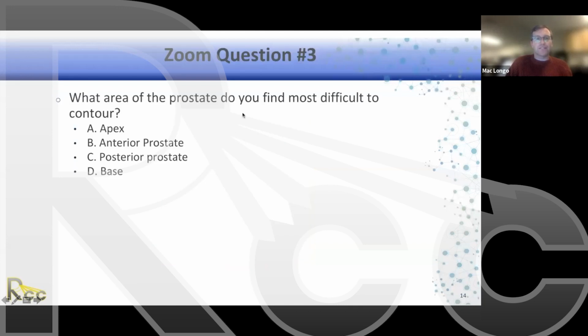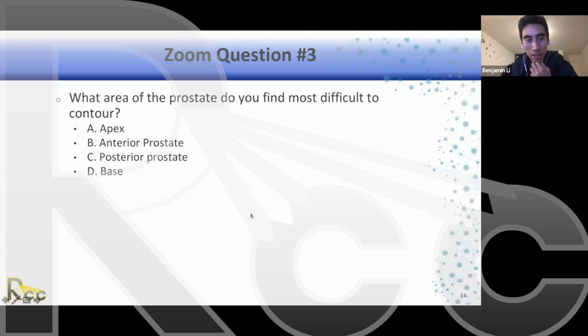So this leads me to the next Zoom question. And Ben, if you can facilitate that. What area of the prostate do you find most difficult to contour? Good, so go ahead and put in your answers. This is very interesting to see as they roll in. Okay, we'll give you 5 more seconds.